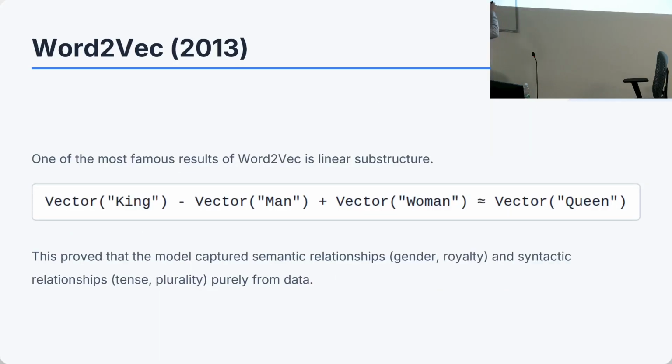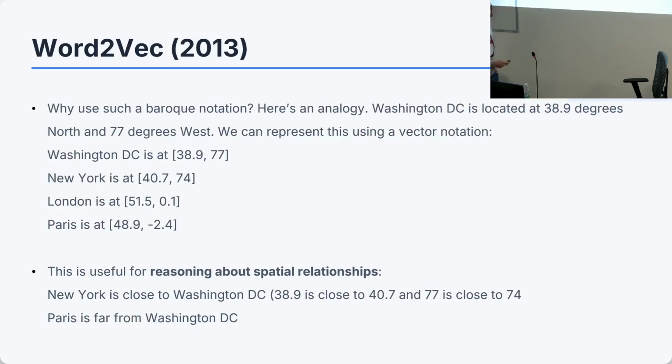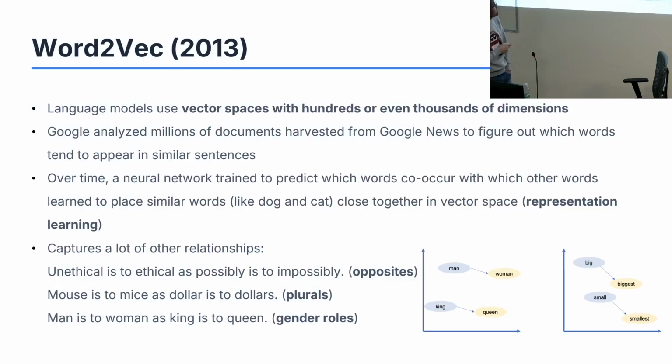The vector representation here is some representation that includes some form of, for instance, spatial reasoning, but not only spatial reasoning. It has been seen that this representation, again, proposed by Google, captures a lot of semantic information.